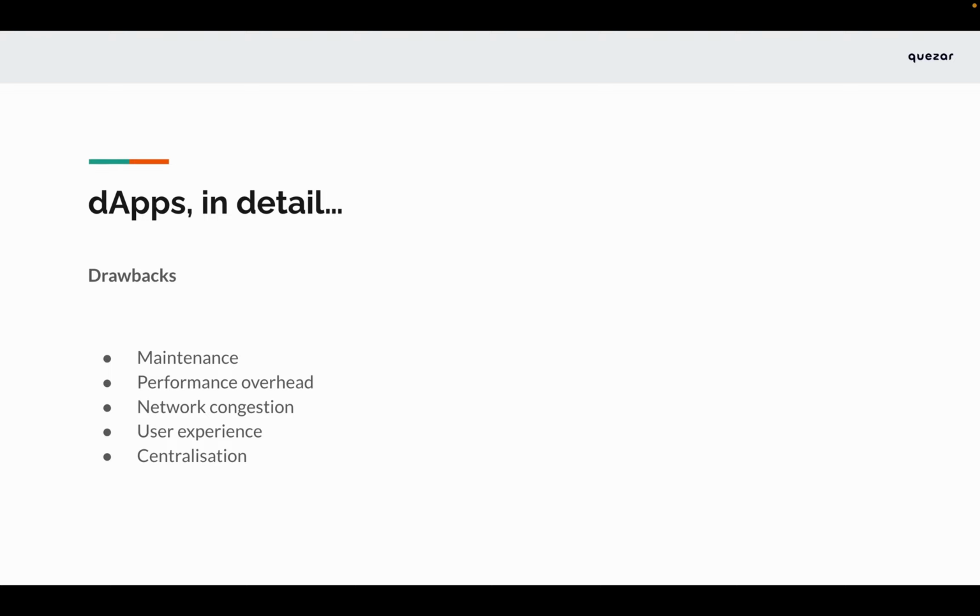The last drawback of dApps is centralization. Now, this is slightly ironic because dApps are supposed to be decentralized, but user friendly and developer friendly solutions built on top of Ethereum might end up looking like centralized services anyway, because ultimately you won't see the difference between the current service and the dApp.